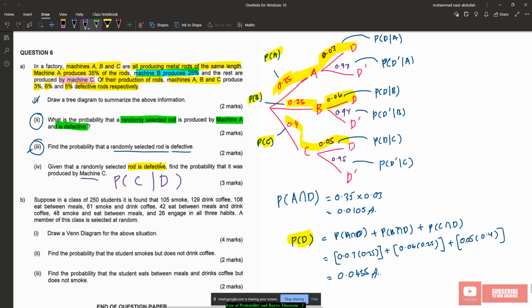So if you look at the formula that you have, you don't have given D, right? So what do you have? D in front, right?